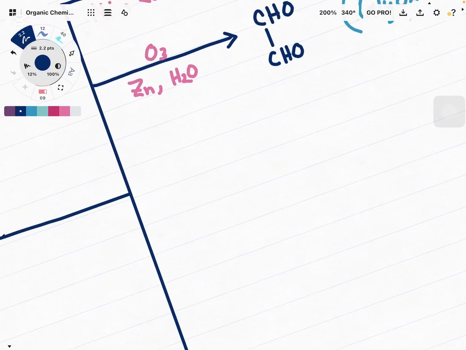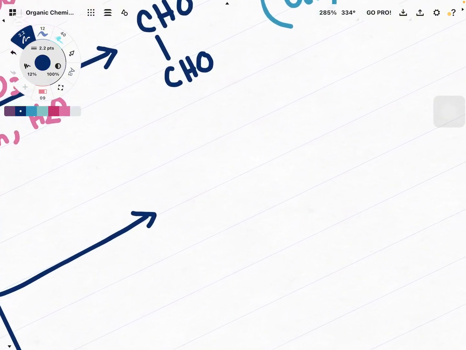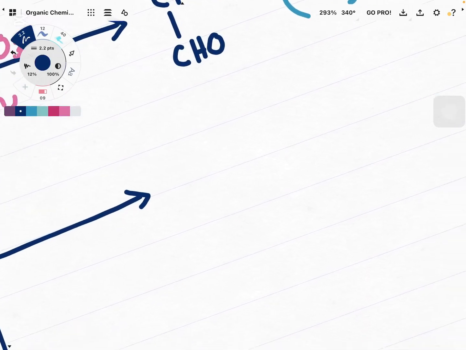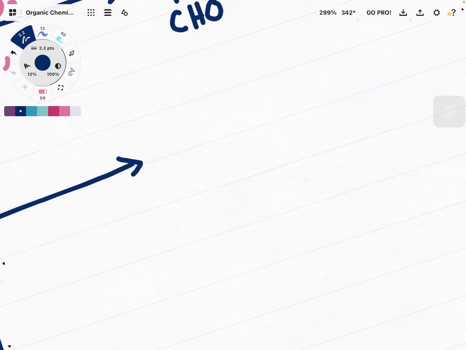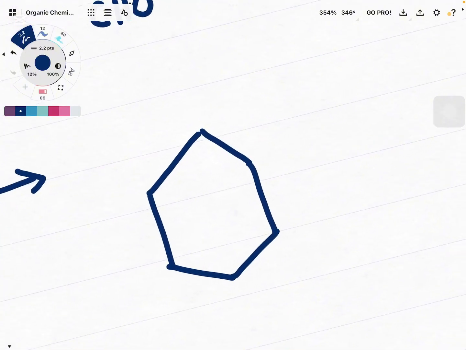So for our third reaction, we will make gammexane. Now we might not know what gammexane is. So gammexane is a hexagonal structure but no ring inside it.